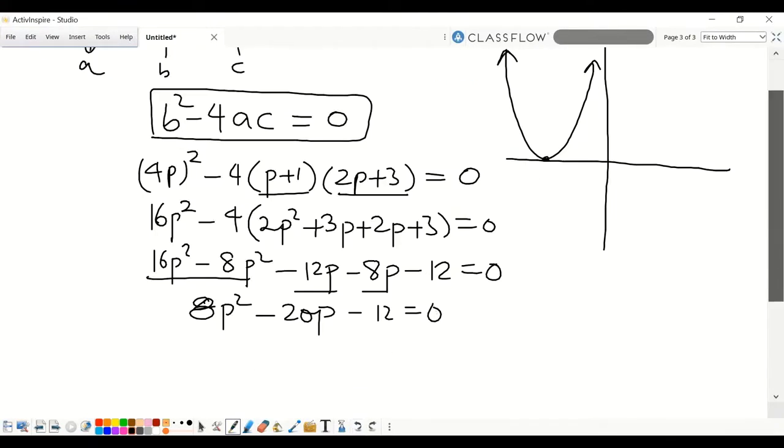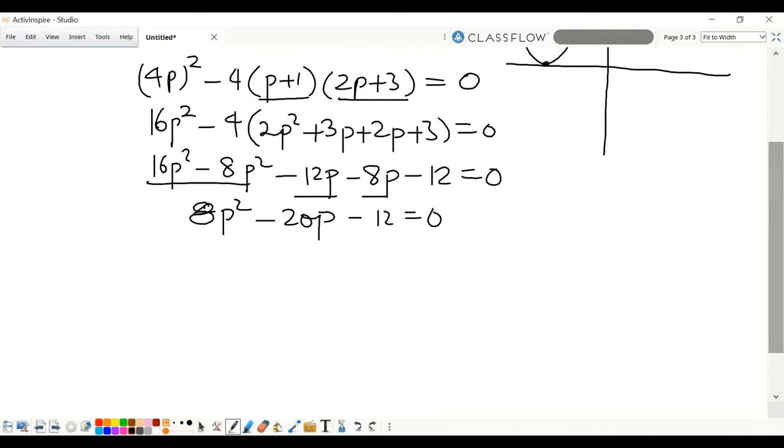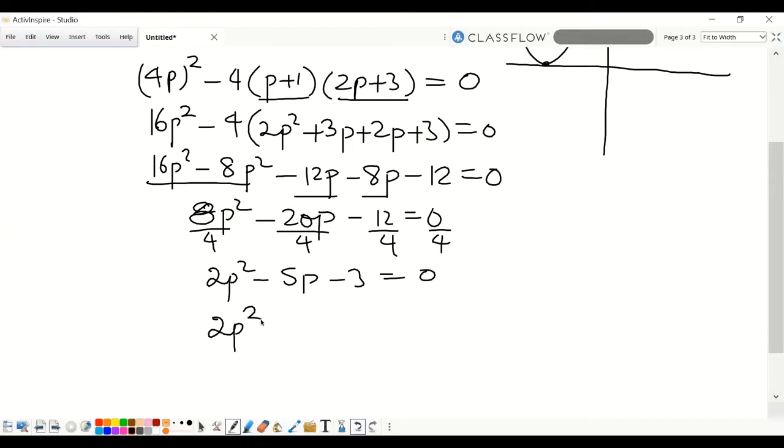We can simplify this quadratic by dividing each element by 4. That will make it pretty easier. So 2p square minus 5p minus 3 equal to 0. 2p square minus 6p plus p minus 3 equal to 0. 2p, p minus 3, plus 1.